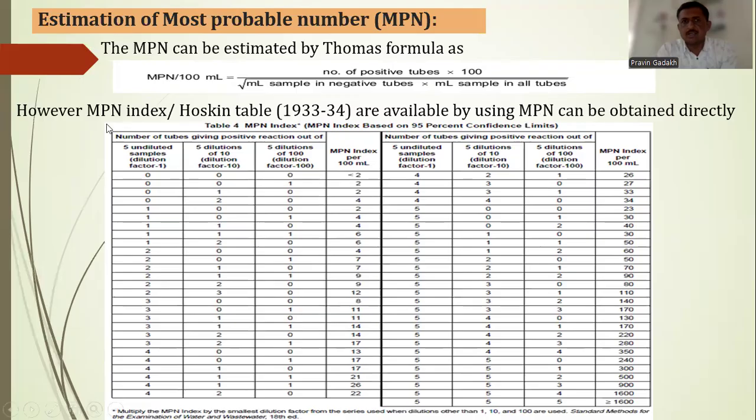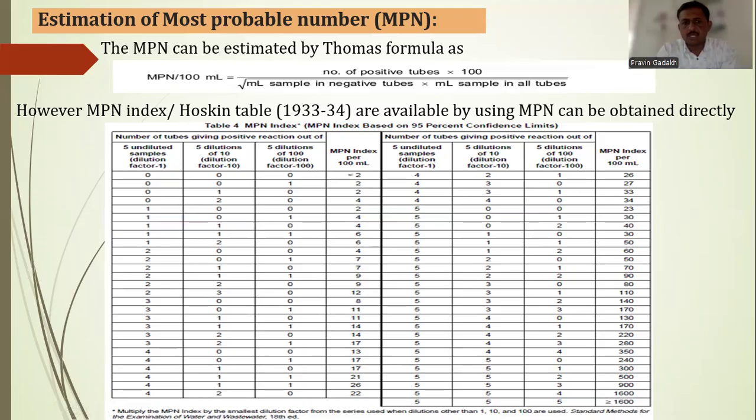So in that table, we can also see the number of tubes giving a positive reaction, out of which five are undiluted samples. Here is another column, the second one, and the third, as we have already prepared three sets of different tubes.